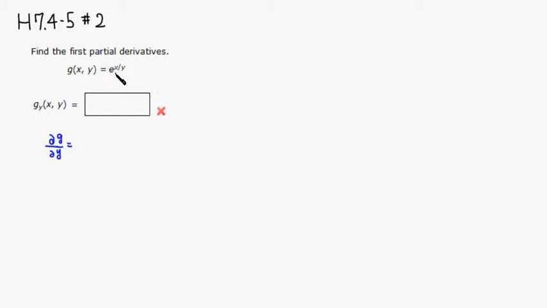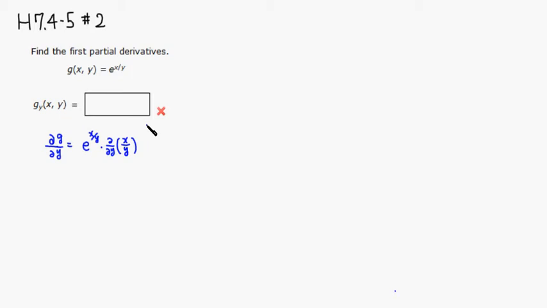alright, so here the outside function is an exponential function, so you just write down exactly the same thing, so e to the x over y. Then by chain rule we have to multiply by the partial derivative of the inside function, which is x over y, with respect to y.